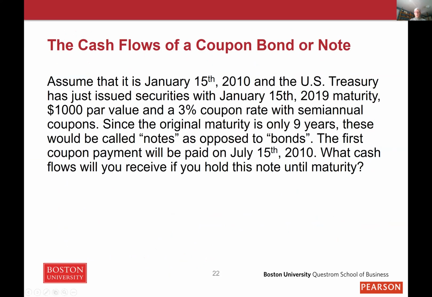There we go. The coupon rate on a bond is the rate that is assigned in the bond certificate to be used to calculate the payment.